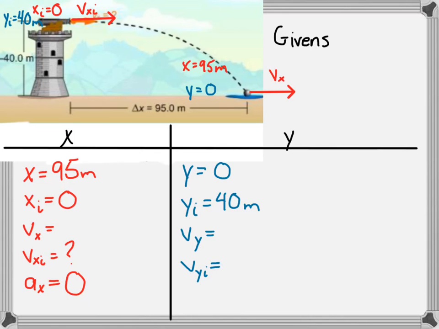We have velocity in the y direction and initial velocity in the y direction. When the ball is shot out of the cannon, it doesn't have a vertical component to its velocity, so I can say that Vyi is equal to 0, and I'm going to go ahead and fill in that 0 down here. However, when it lands, it will have a component in the y direction.